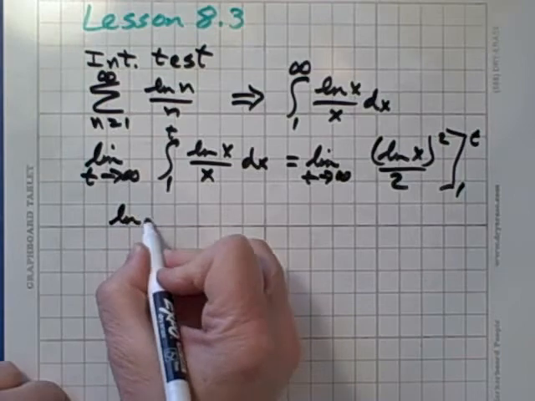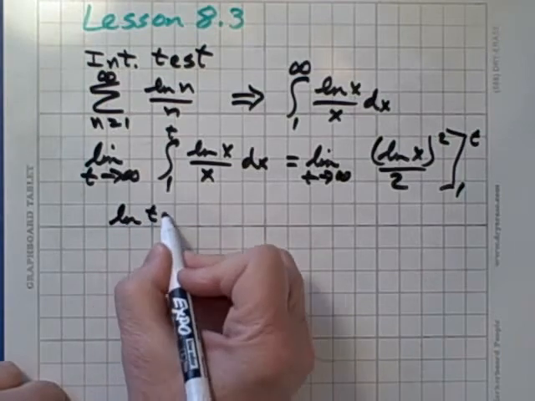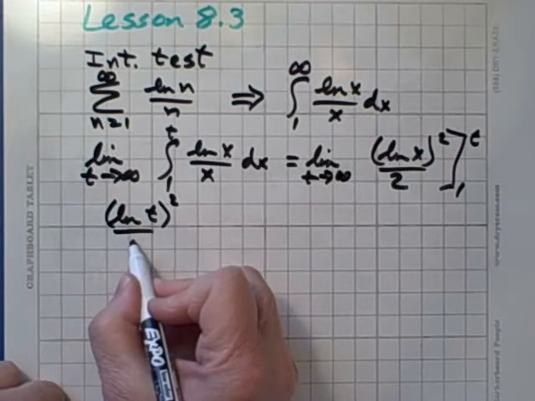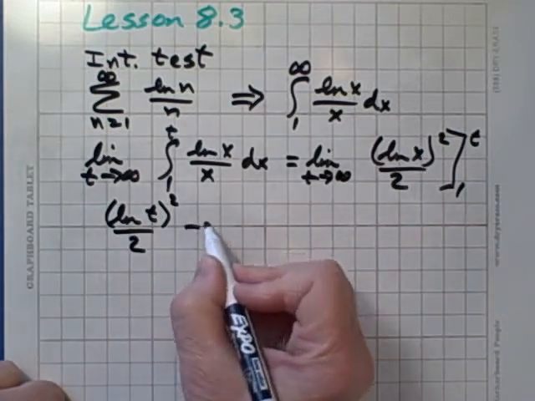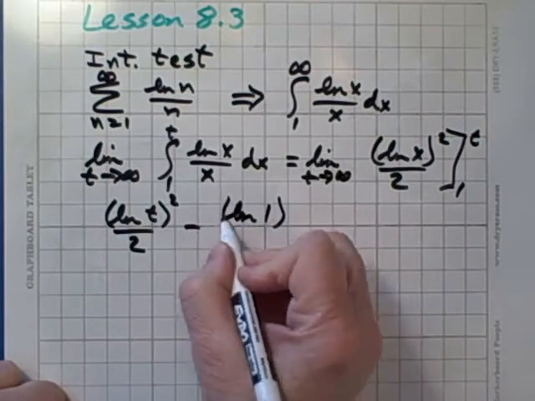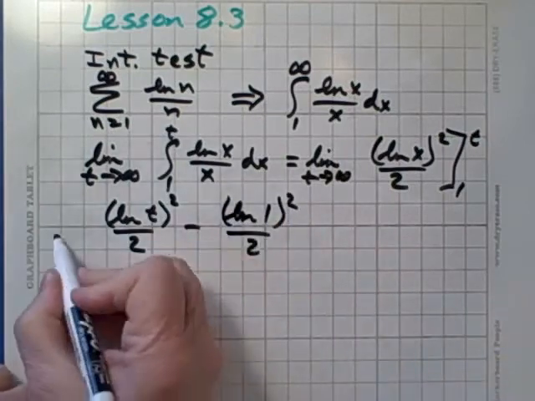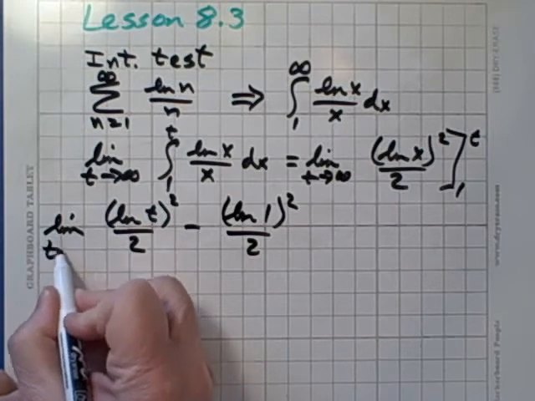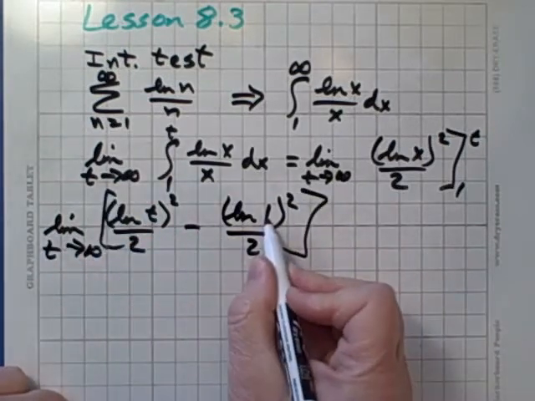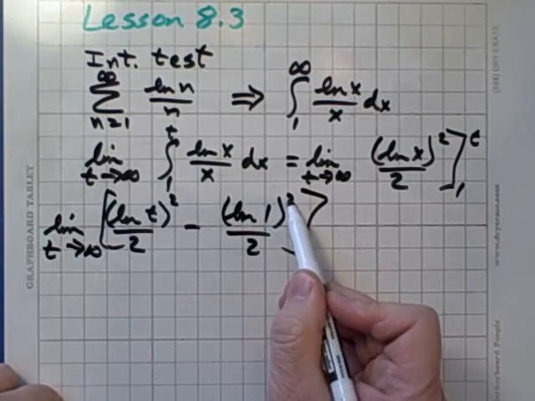We get the natural log of t squared over 2. Put a minus sign down. If I substitute 1, the natural log of 1 squared over 2, natural log of 1 is 0, so essentially this drops out.